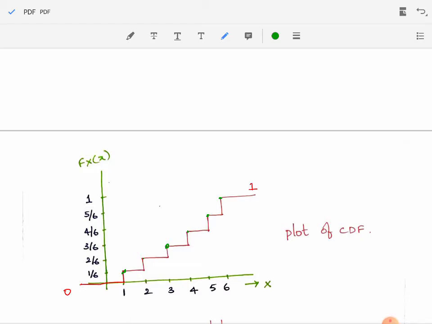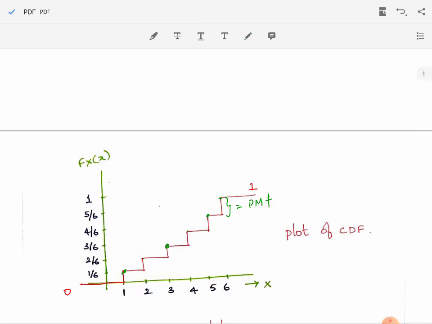The jump at each value of the random variable will be equal to the probability mass function, PMF, at that point. For more details on the cumulative distribution function and how to plot the graphs, you can refer to my earlier videos.